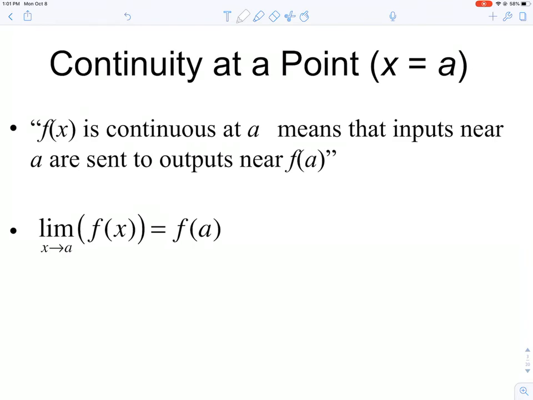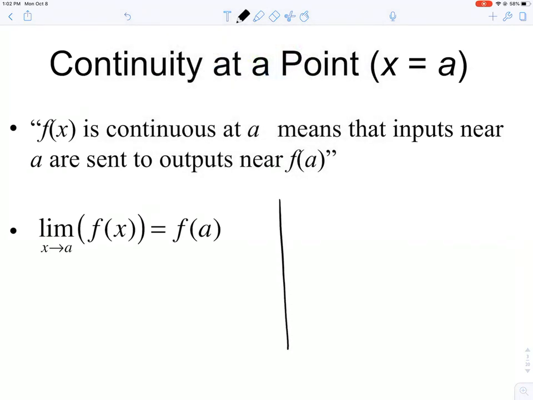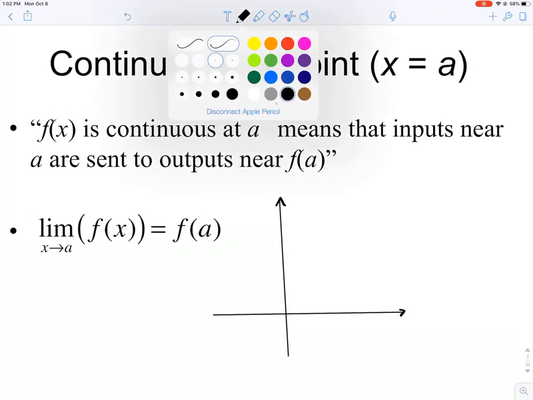Okay, so we say that f of x is continuous at a means that inputs near a are sent to outputs near f of a. So I'm going to draw, how about y equals x cubed?